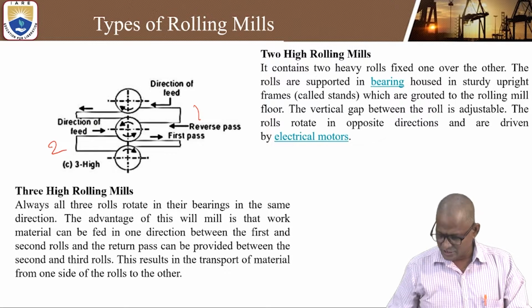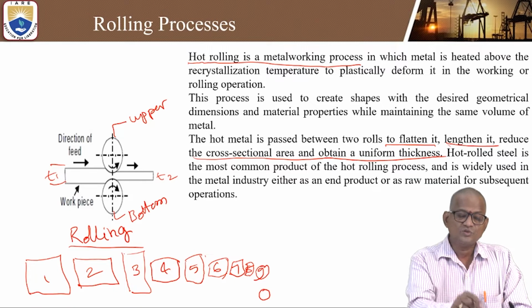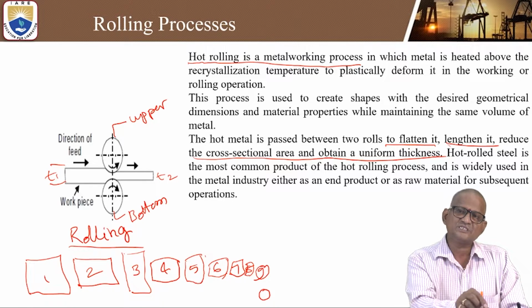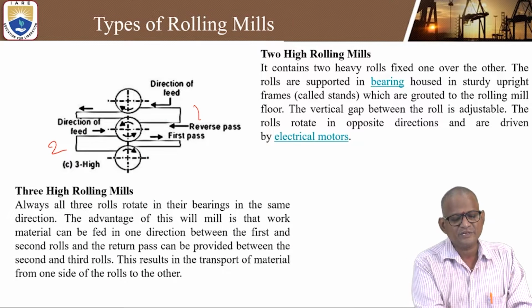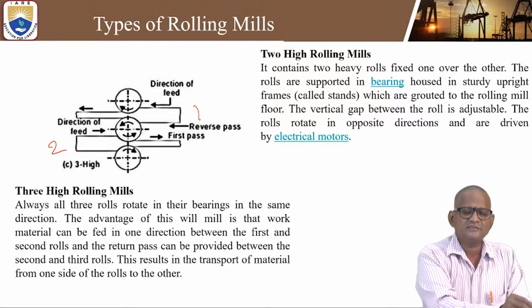rolling mills. In the 2 high rolling mills, there are only 2 rollers, and a simple shape of size can be easily eliminated. Here it can be tilted for the first pass and then it will enter the second roller.